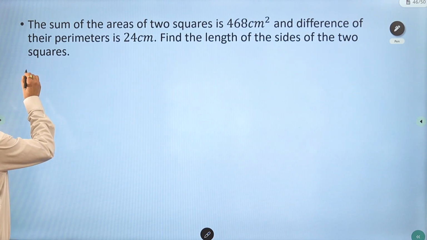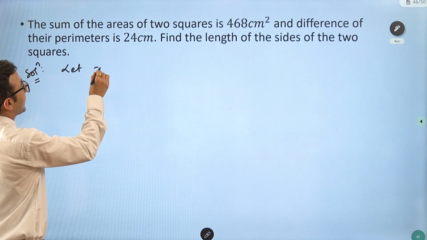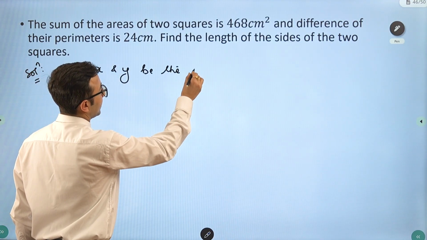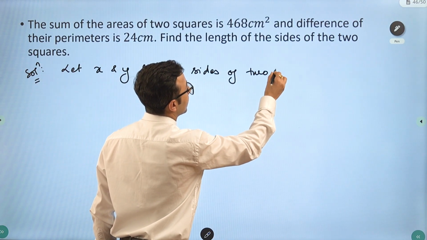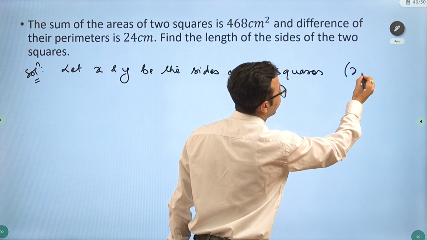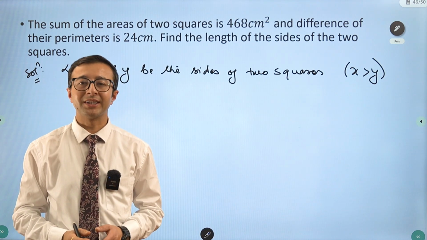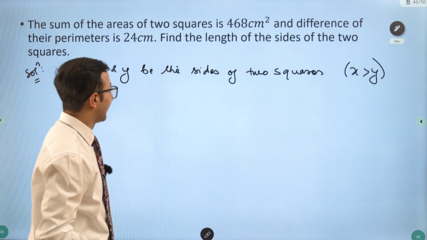First we'll assume the solution. Let x and y be the sides of the two squares. We'll say that one of them is bigger than the other. Let's take the square with side x to be bigger than the square whose side is y.